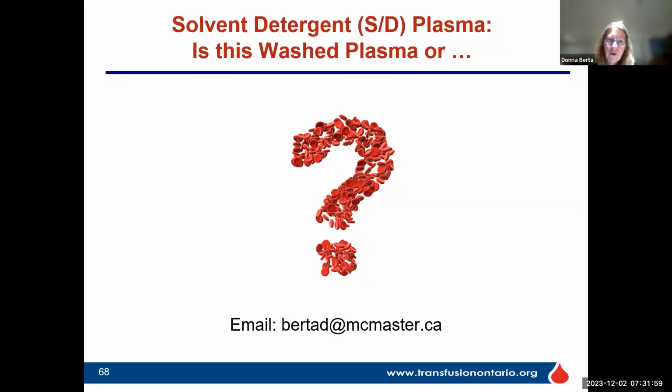The plasma that we're not using, because we're using SD plasma, will be going for fractionation for the manufacture of IVIG, albumin, and other manufactured products. And certainly IVIG is a very costly product. I do trust that cost was carefully looked at in this proposal.